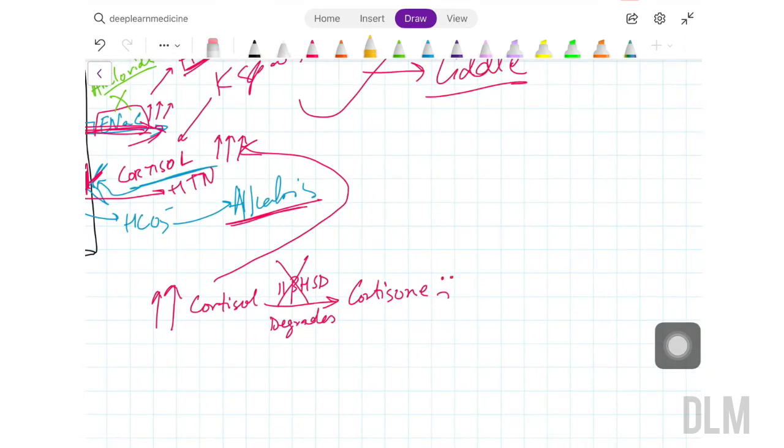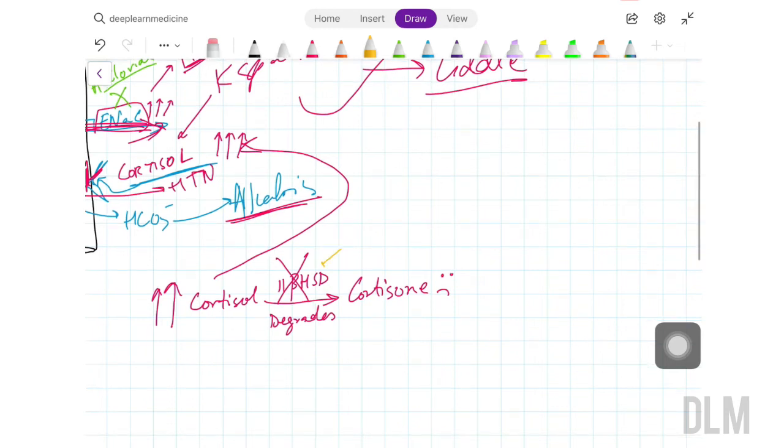Well, a very high yield cause of the deficiency of HSD is the use of licorice. Now, licorice is used for eczema and swelling of liver, mouth, and many other conditions. But the special ingredient in licorice is glycyrrhetinic acid.